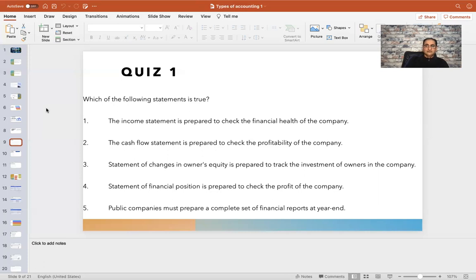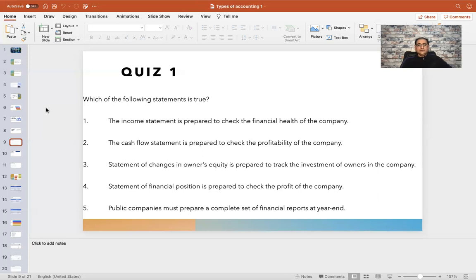So what do you think? Is it correct or not? I'm sure that you have given the correct answer that this statement is true. So the statement of changes in owner equity is prepared to check the investment of the owner in the business.